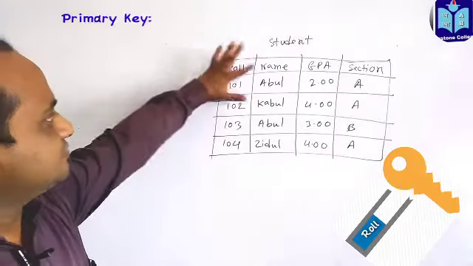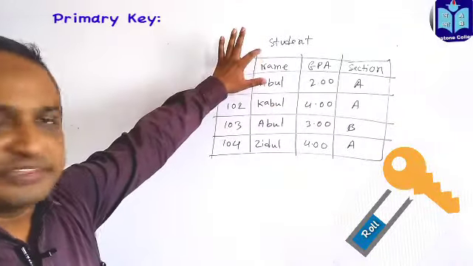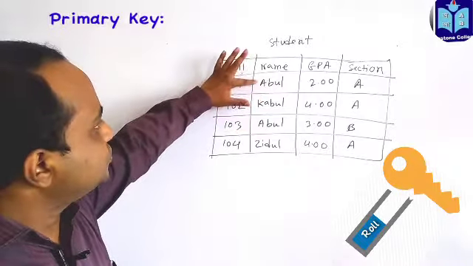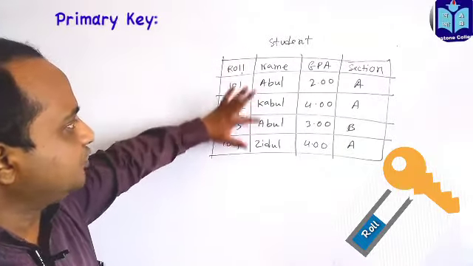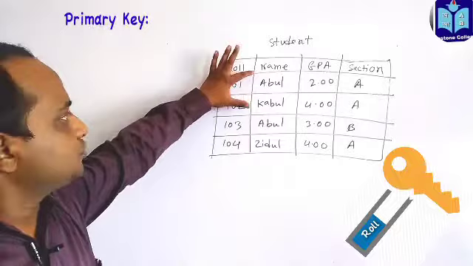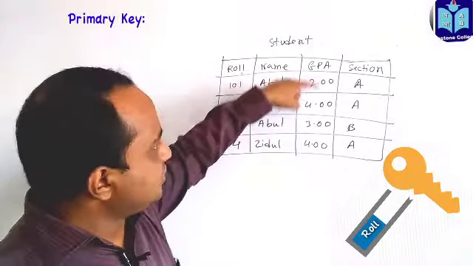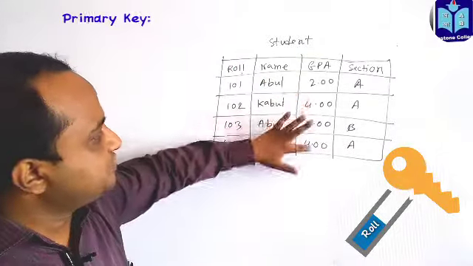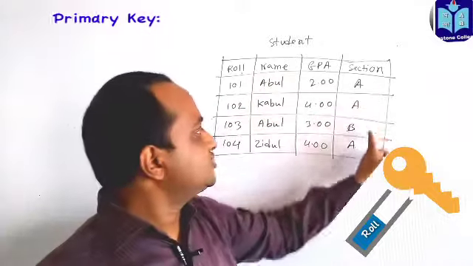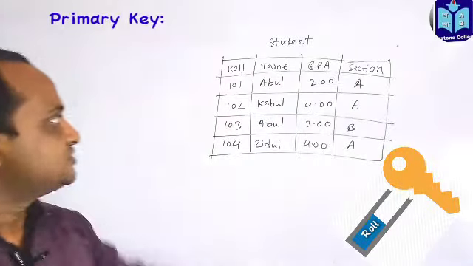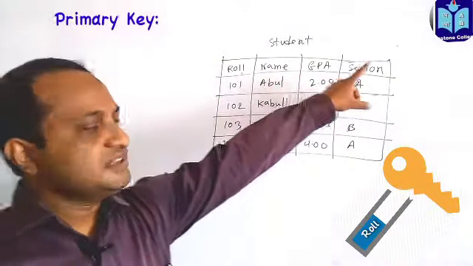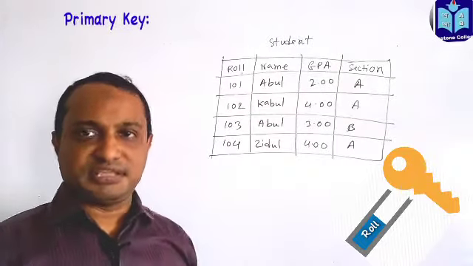So I cannot use name because there are 2 names that are same, Abul and Abul. GPA also, 2 GPA are same. Section also, 3 sections are same. So name, GPA, section can never be a primary key.